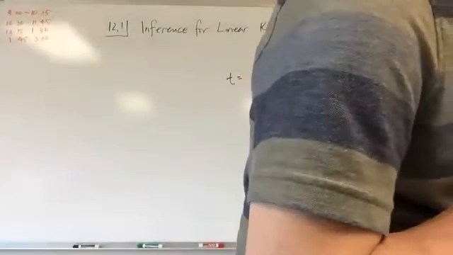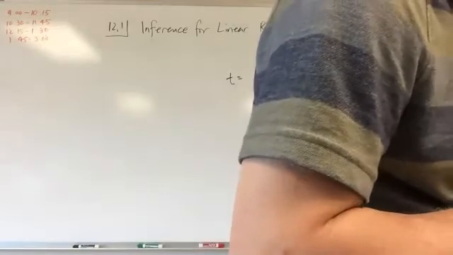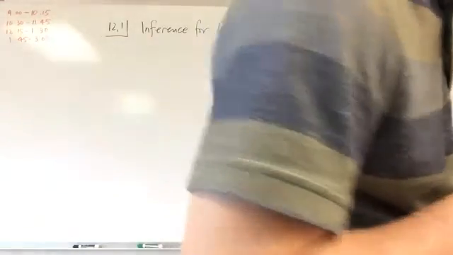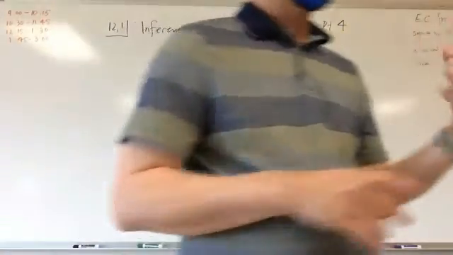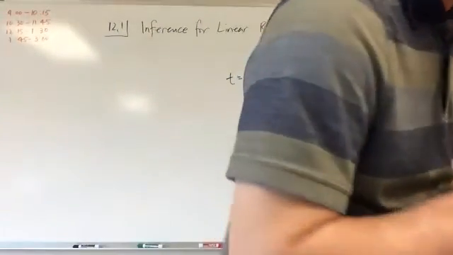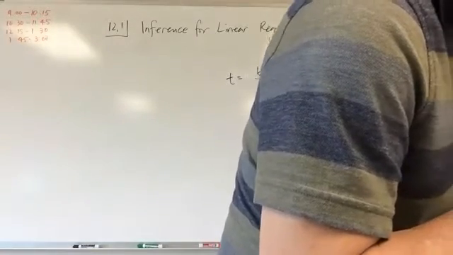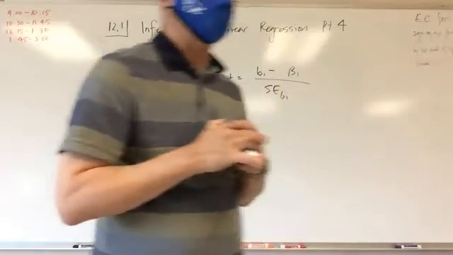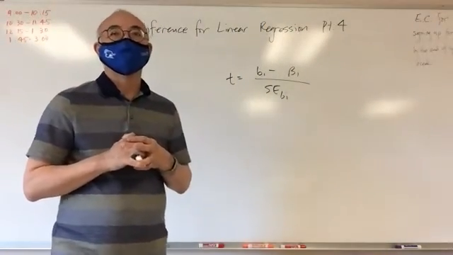To perform a test of the hypothesis, Ho is going to be beta 1 is equal to the hypothesized slope. Okay, so if it was 1.5, it's going to be 1.5, right? And then you would do the test statistic, okay? Because your B1 is not necessarily going to be equal to the beta 1, correct?